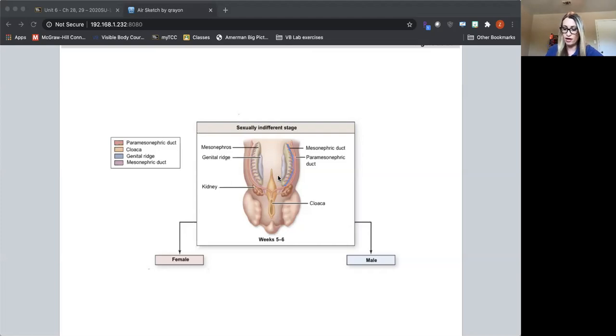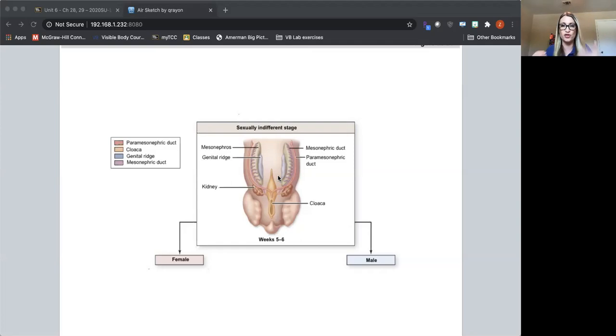Now, if you are an X and X, so you're a female, and you do not have the Y chromosome, then there is nothing that would stimulate the development of the mesonephric duct. Therefore, mesonephric duct is not supported, it's not promoted to develop, and it's not releasing the anti-Mullerian hormone.